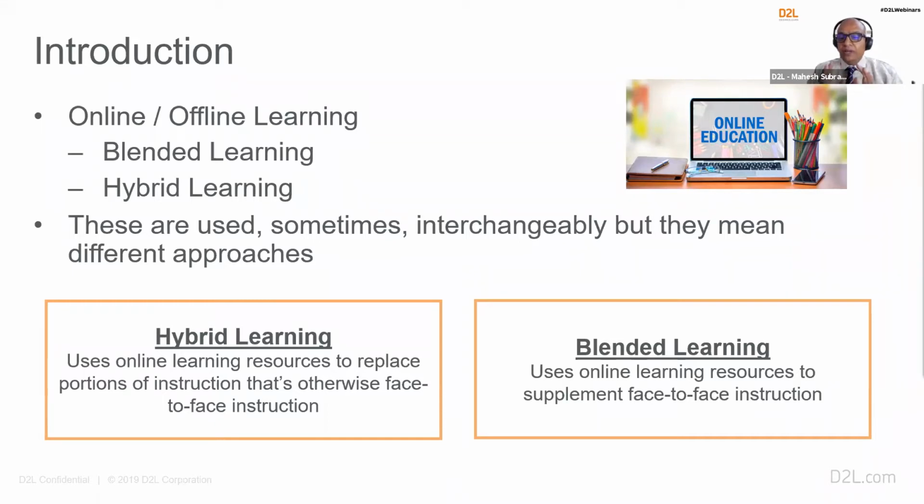Blended learning is where you are using online resources, typically self-paced content, audio, video, PDFs, Word documents, but that's typically used to supplement the classroom or face-to-face instruction. So typically trying to do a flipped classroom model. You have students go home, or go online, read up something, come back and discuss in the classroom. It is still online, and you still have a face-to-face component available in the blended learning space.